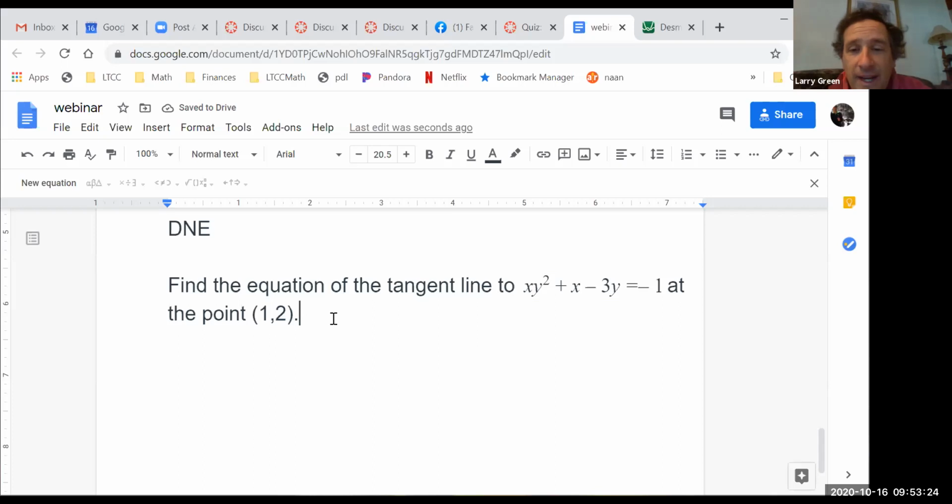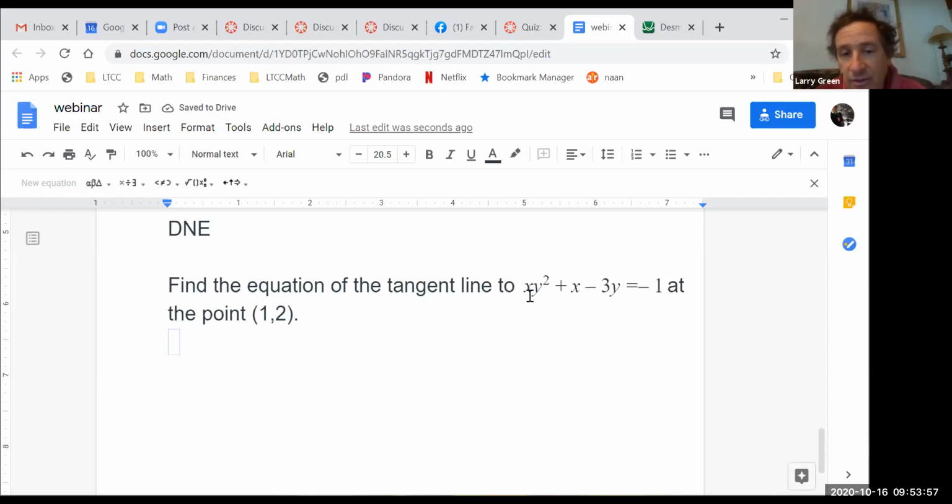Okay, what do we need to find? Yeah, we need to find the first derivative because the first derivative is the slope of the tangent line. We have a point, and if you have a point and a slope, then you know how to find the equation. So let's do it. I'm going to take the derivative of both sides. So I'm going to use a product rule.